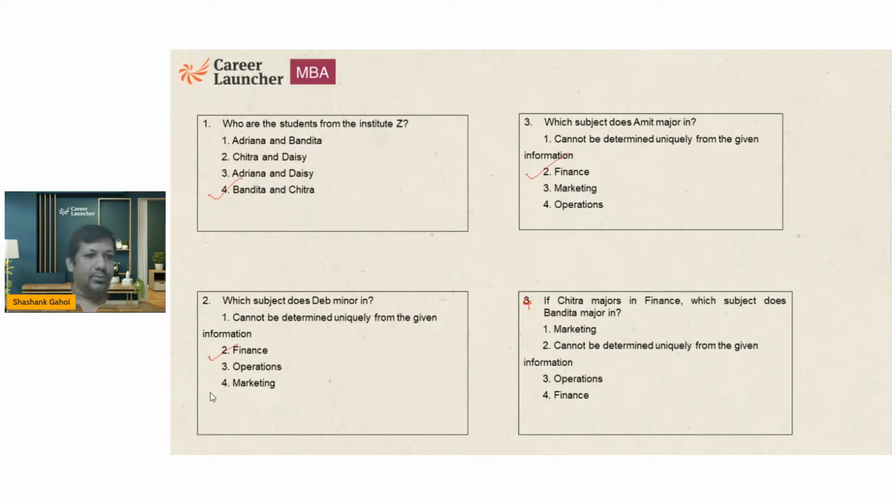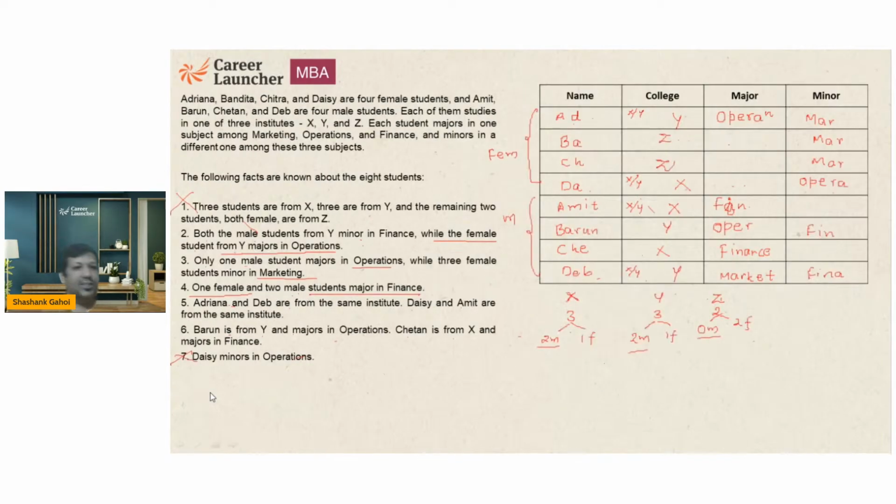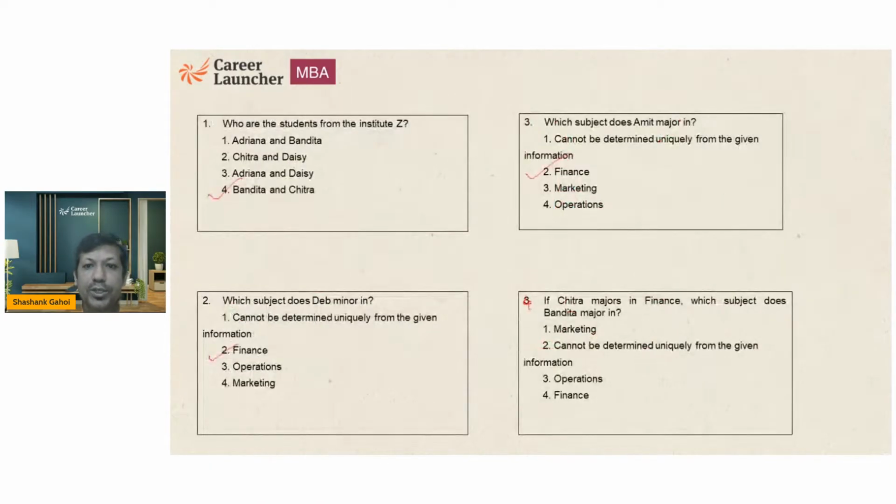And if I miss out one value, then okay. Now the last one. So two male guys who were in finance that I got, one female who is in finance, I don't know. So I'm going to read the question. Now it says if Chitra majors in finance.